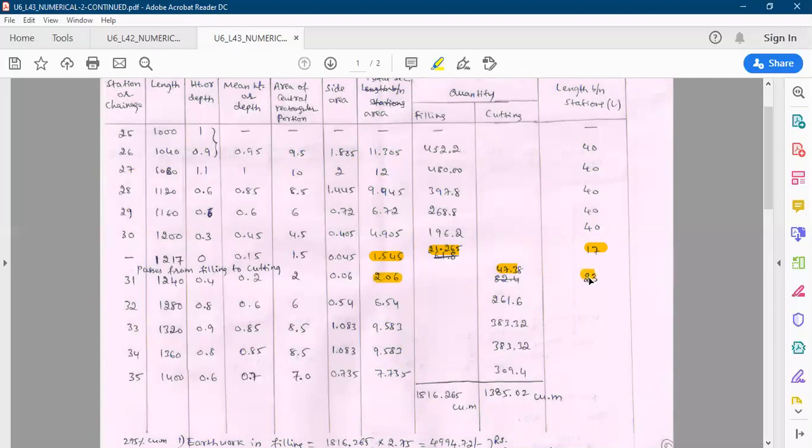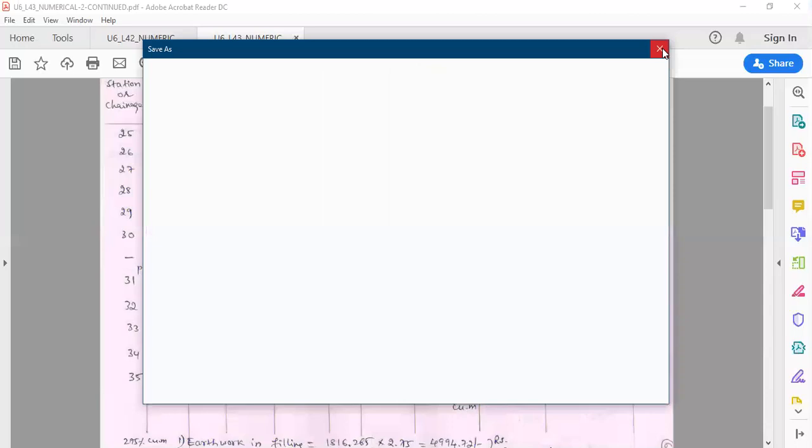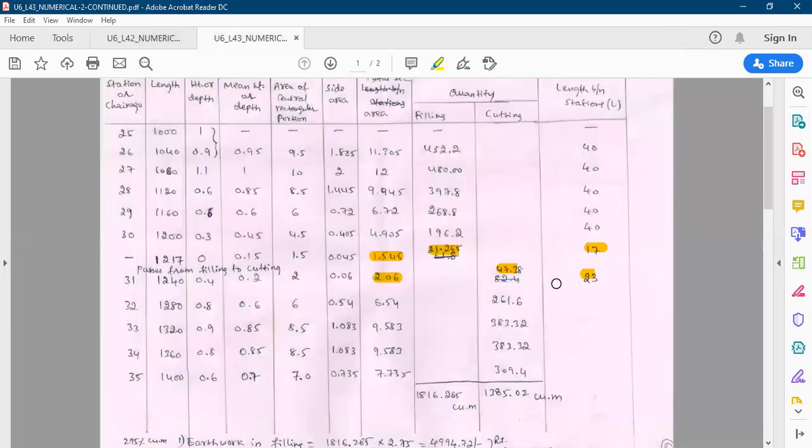So this is where you have to observe that the interval distance between 1200 and 1217 is 17 meter. Similarly, the interval distance from 1217 to 1240 is 23 meters. Multiply these 23 meters with 2.06, and that is where you get 47.38.